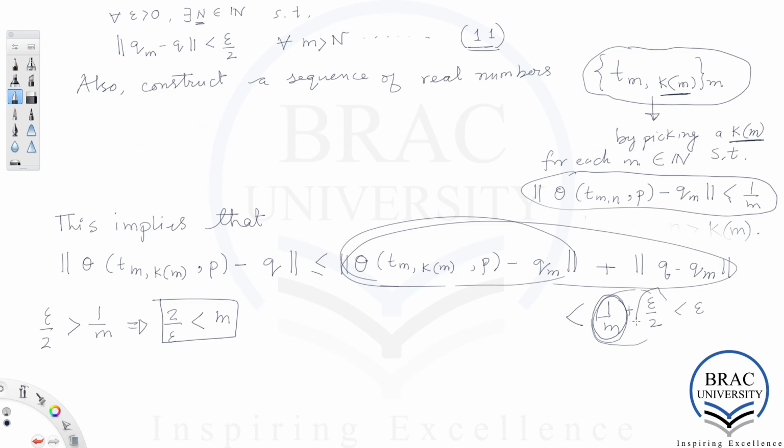And for the other term to be smaller than epsilon over 2, we want m to be greater than N. So we want m to be greater than 2 over epsilon, and at the same time, we want m to be greater than N. This can only happen if we choose m to be greater than the maximum of these two numbers, N and 2 over epsilon.